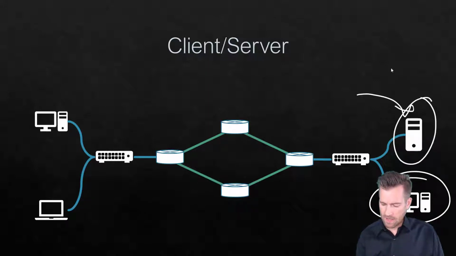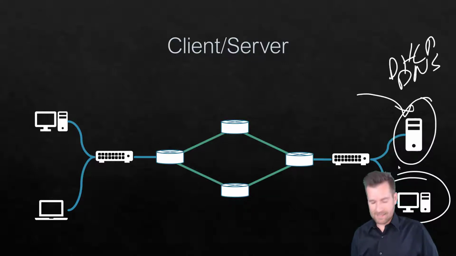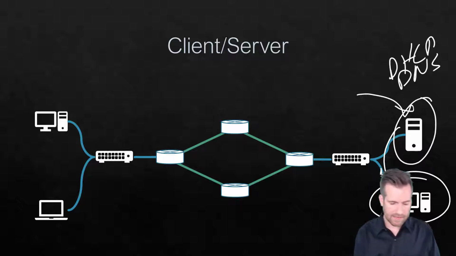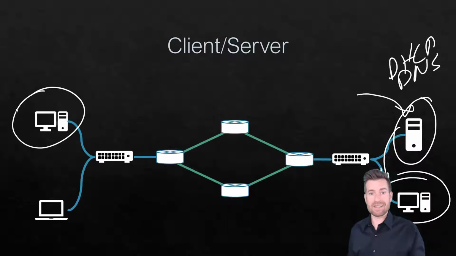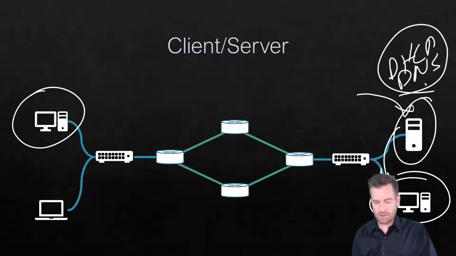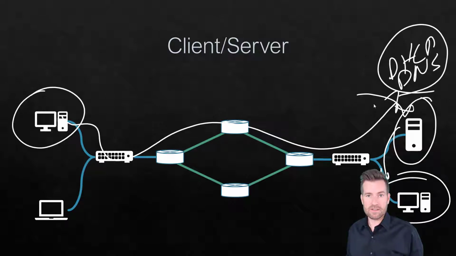So this could be like a DHCP server and a DNS server that's handing out services to clients that are on that same network right there. Or perhaps it's a remote network that it's administering these same services. So there are times when a DHCP server or a DNS server is actually on a separate network, and these machines right here have to reach out to this server in order to get some sort of services from that server.